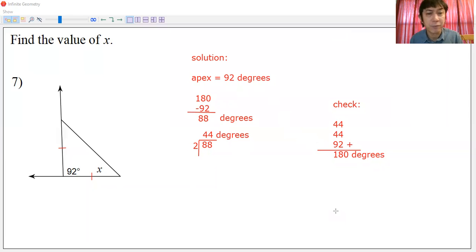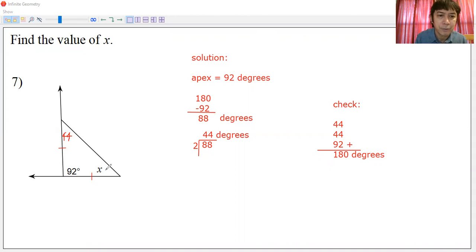All right, and so 44 degrees will be the value of x. This means you have a value 44 from the drawing. This must be 44 here. That's 44 degrees there. Also, the x here is 44.